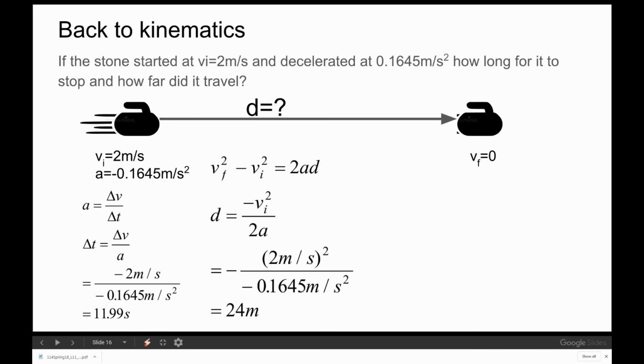And yeah, I've seen a lot of curling matches and it's like 10 to 15 seconds. 24 meters, is that a reasonable stop? Well, I looked up the length of a curling sheet and they're 45 meters long. So this is half the length of a curling sheet, I think they call it. So yeah, these numbers actually seem to fit reality reasonably well.